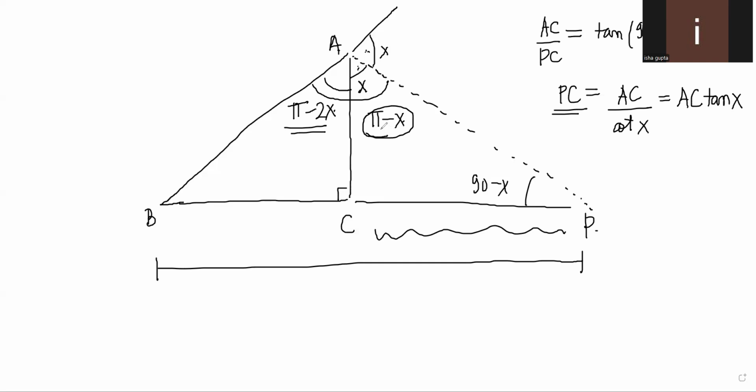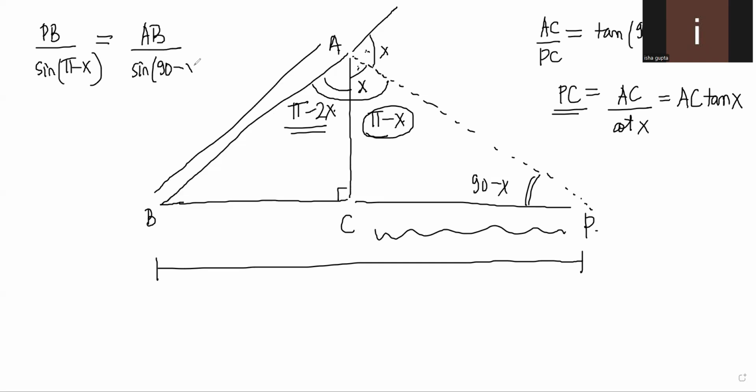By sine rule, in triangle ABP, I'm going to say PB by sine of pi minus x should be same as AB by sine of 90 minus x, right?